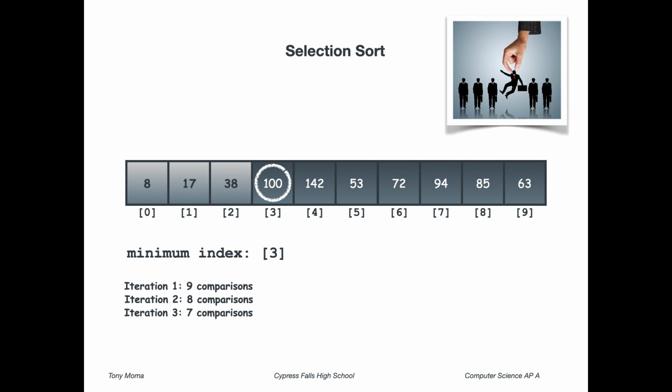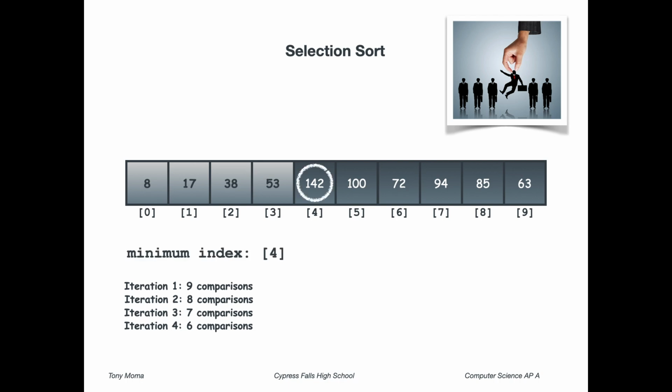Next, iteration 4, we assume index 3 is the minimum, 142 is larger, 53 is smaller, so 5 becomes the new minimum index, 72 larger, 94 larger, 85 larger, and 63 larger. And that completes iteration 4. So now we swap index 5 with index 3. And during that iteration, we executed 6 comparisons.